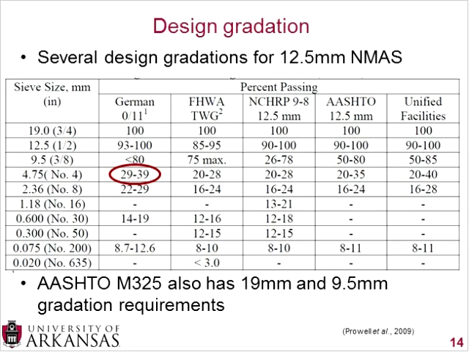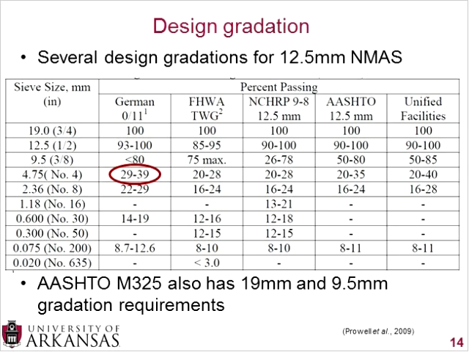Now, I've alluded a couple of times to the importance of the design gradation, and this is an example. It's from a report out of NCAT by Braham, and he looked into different types of gradations that were used. You can see here there's one from Germany, one from FHWA, NCHRP, AASHTO, and Unified Facilities.